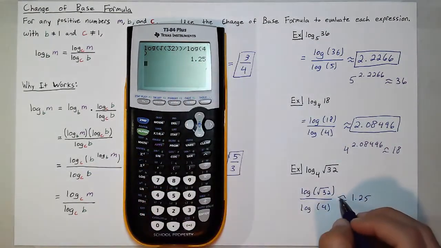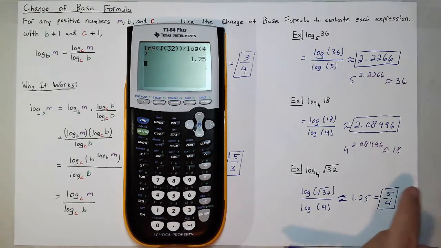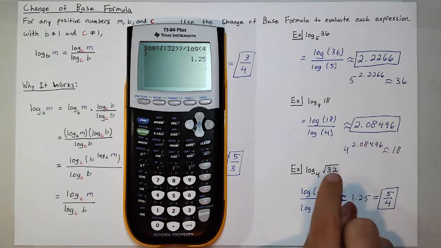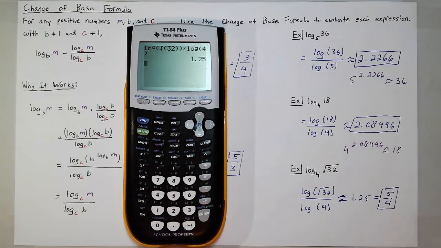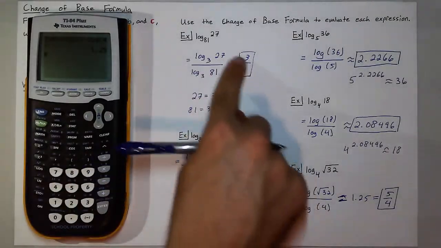So this means that this is equal to 1.25, not even approximately. And 1.25 is the fraction 5/4. So that means we could raise 4 to the 5/4 power to get the decimal that is the square root of 32. Now, this same technique can be used in the problems like you saw before.